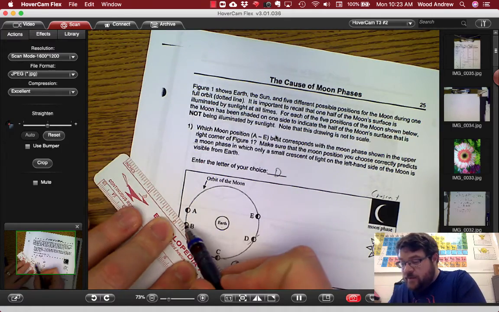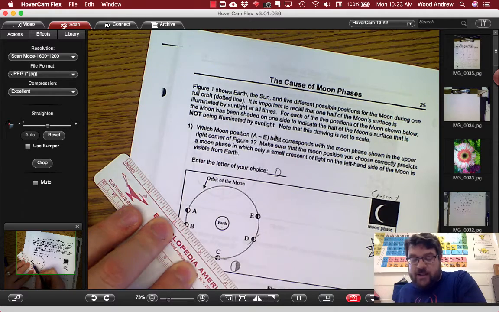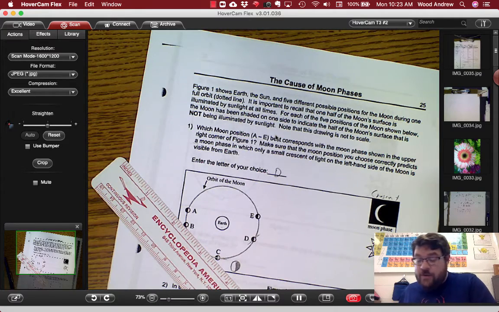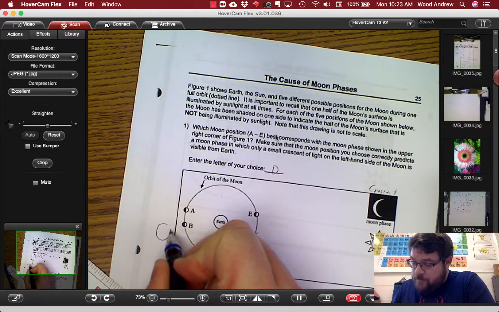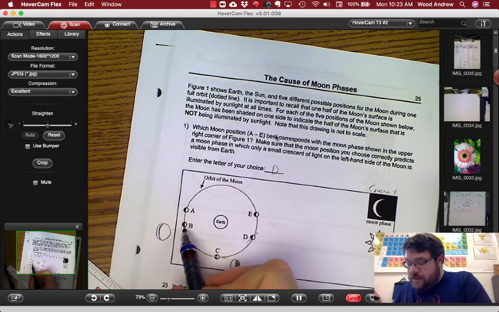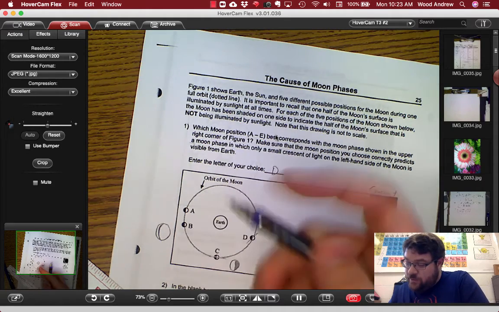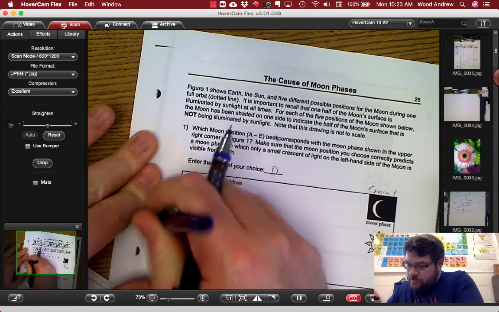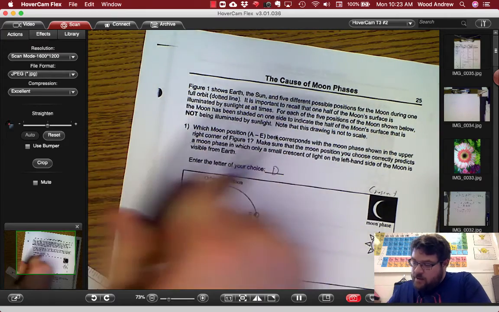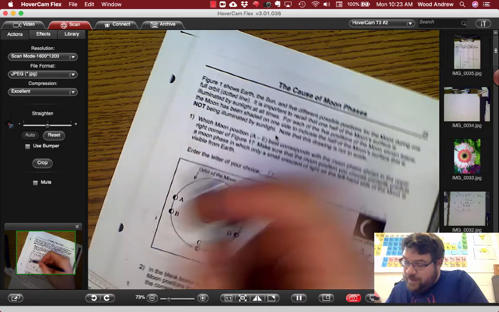We're going to have a little bit of the dark portion and mostly lit. So that'd be exactly opposite. That'd be what we call a gibbous moon. So A and B would be a gibbous moon, kind of a reverse crescent. And in B's case, it's going to be the darkened portion. I think I just drew that wrong. The darkened portion is going to be on the right-hand side.